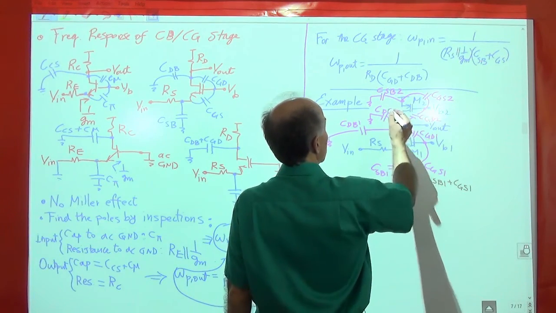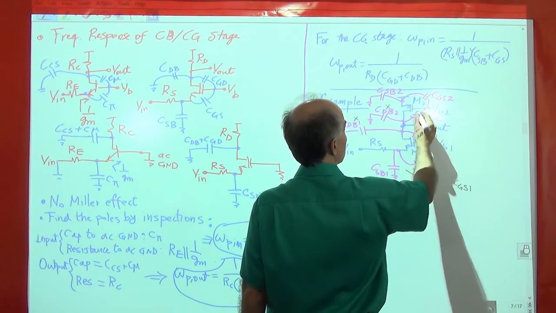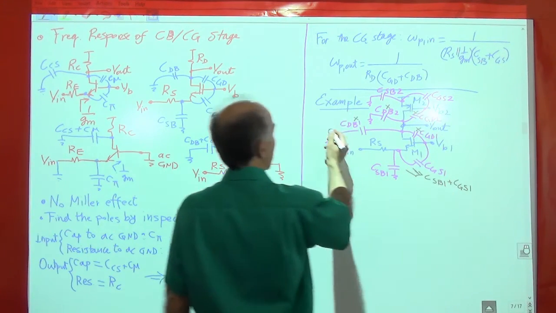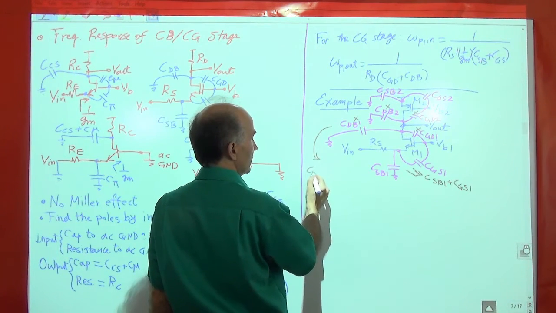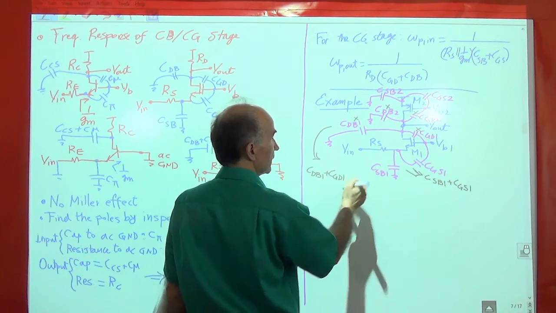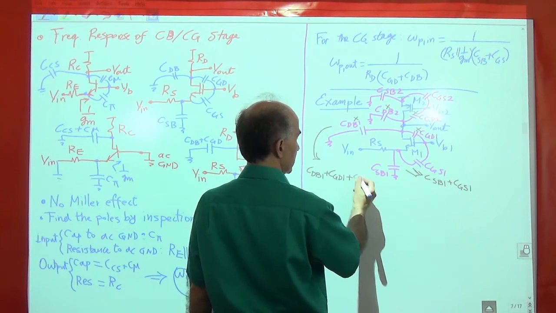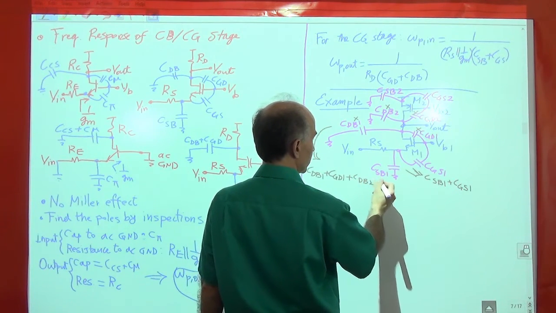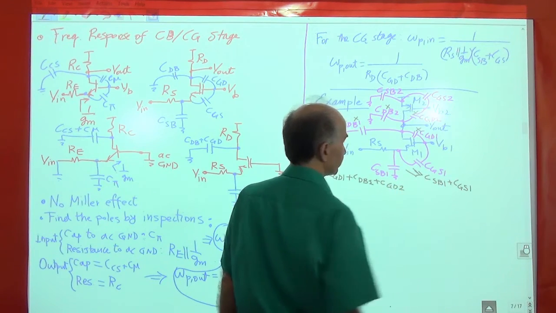I put a little cross on each of them. And all of these give us CDB1 plus CGD1 plus CDB2 plus CGD2.